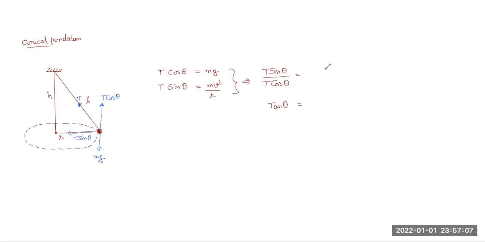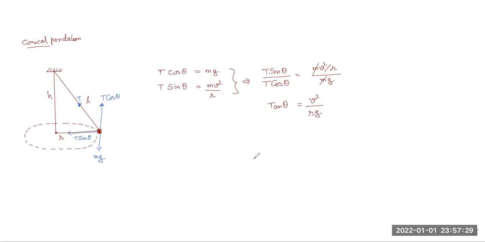See the right hand side. It will be mv square by r divided by mg. I can cancel m and m, leaving v square divided by rg.